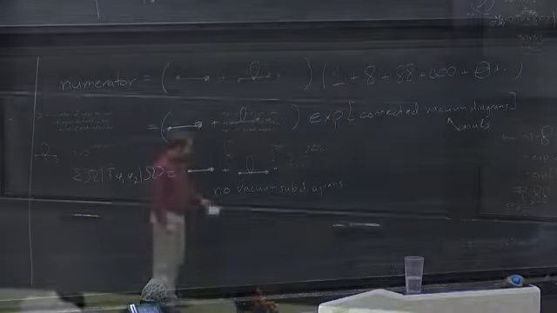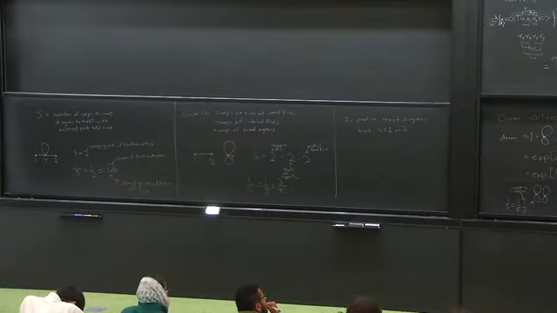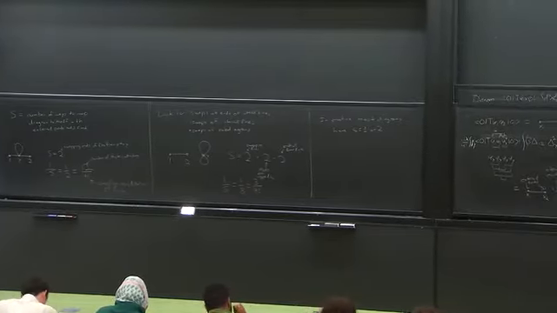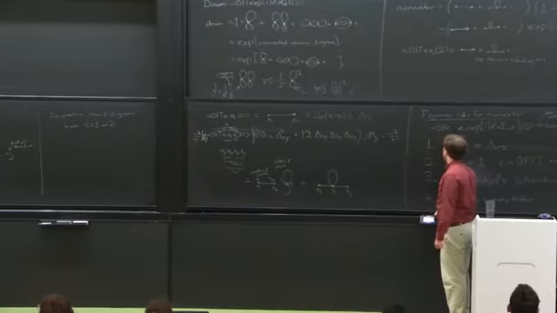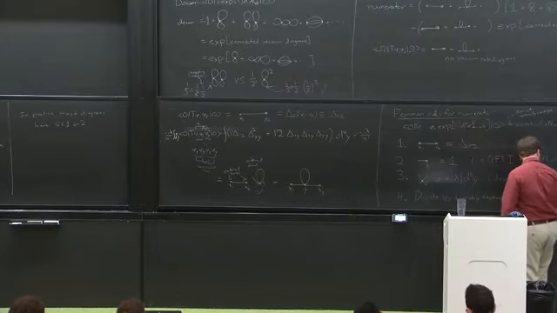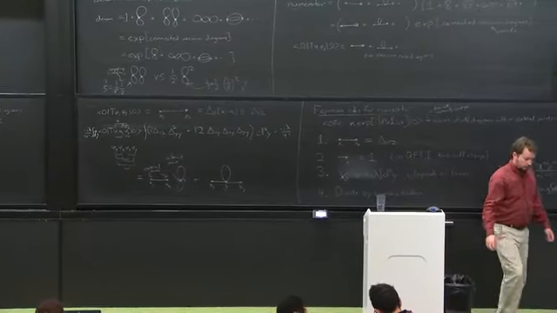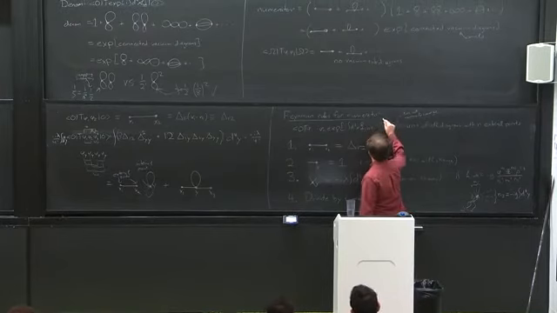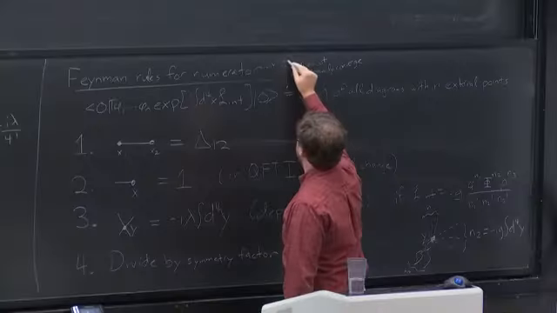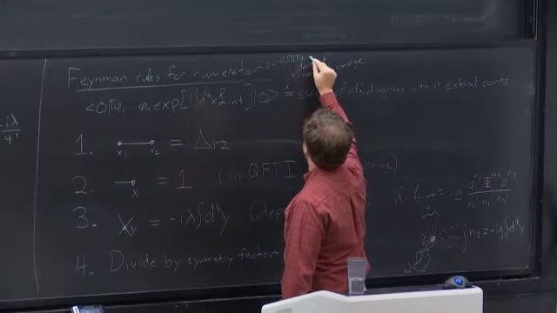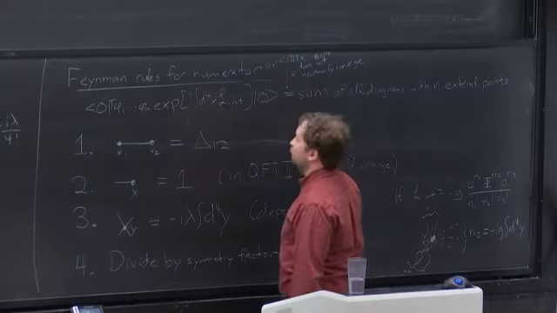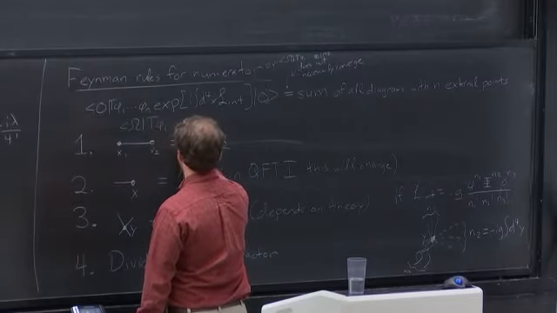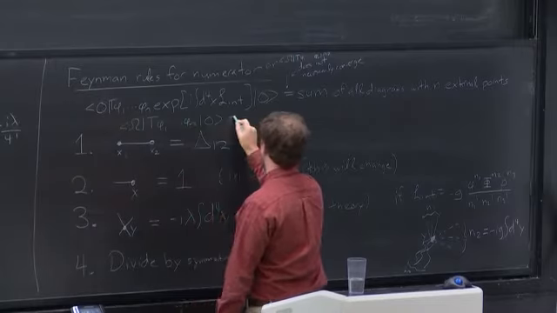The only difference in the Feynman rules for the numerator versus the Feynman rules for the correlation functions is that the Feynman rules for the correlation functions consider a smaller set of diagrams.